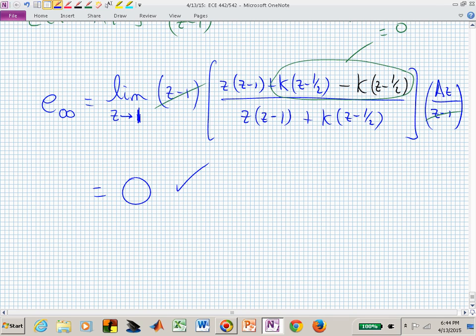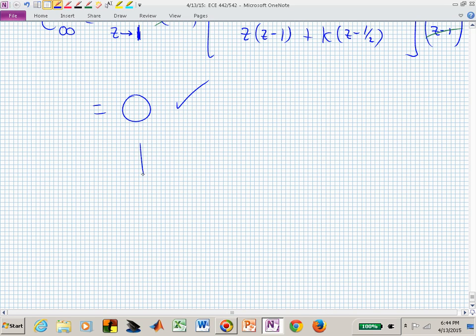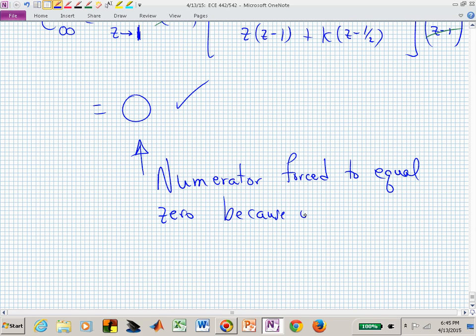So this 0, which is what we were anticipating, resulted because the numerator was forced to equal 0, because of the open loop pole at z equal to 1.